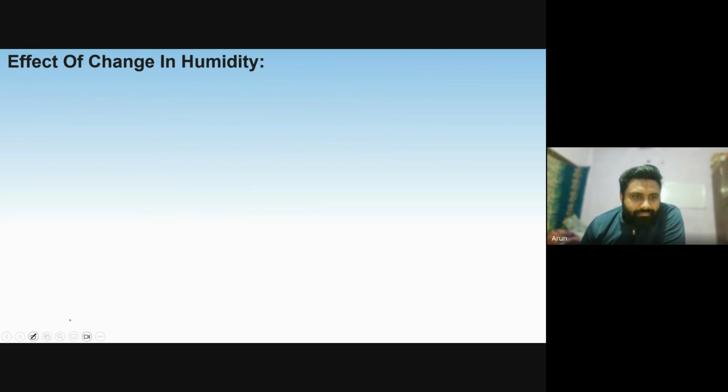Vapor in air. So Divyansh is saying that humidity means vapor in air. Yeah, absolutely correct. But this vapor should be water vapor, or the liquid vapor, you can say.